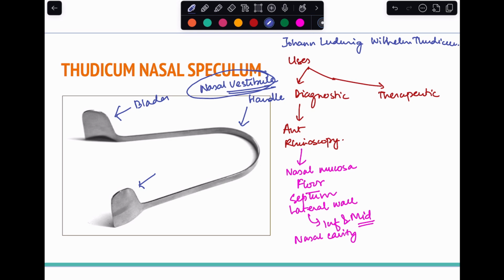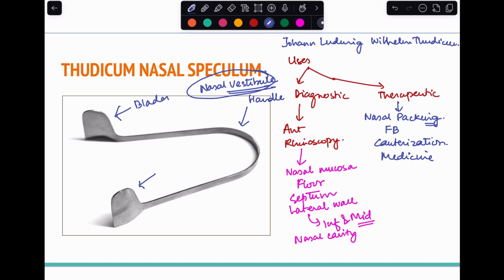Next, let's talk about the therapeutic uses of the Thudichum nasal speculum. First of all, we can use it to do nasal packing, for insertion as well as removal. Then we can also use it while removing a foreign body from the nose. We can use it for cauterization of any bleeding point, and application of medications.